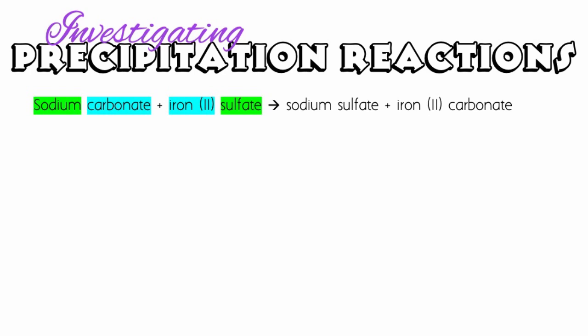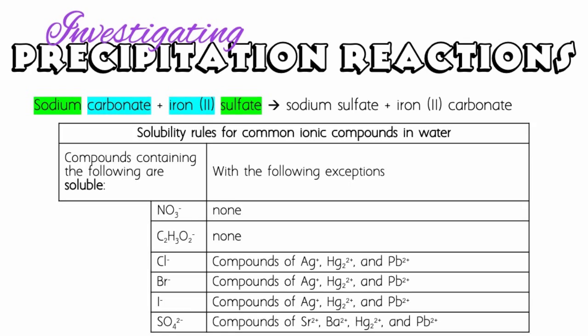Now, how do we know which one of these is going to form the precipitate? We have what we call solubility rules. Here's a list of our solubility rules. Now there's always exceptions, and that's why often you'll be given what the solubility rules are. For these, we've got a carbonate and a sulfate. Here's our sulfate down here.